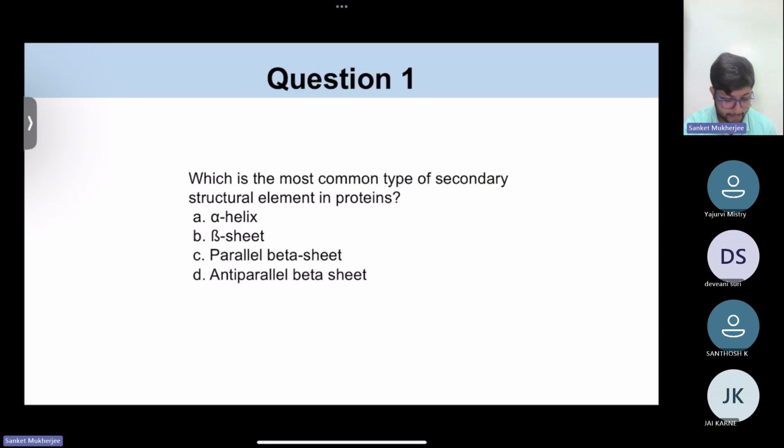No answers? I don't think the people who usually answer have joined today. Anybody? If nobody is answering, then it's alpha helix. We already discussed alpha helix is the most common type of secondary structure.